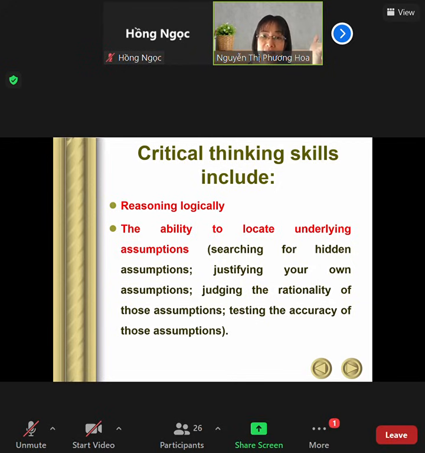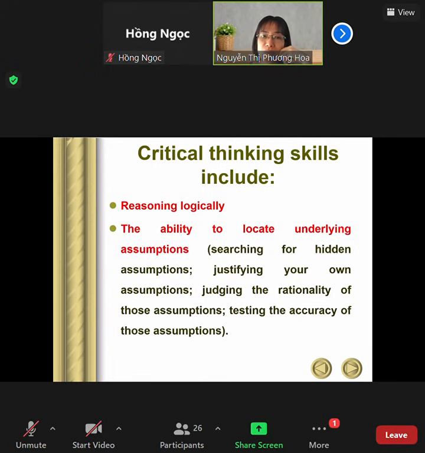What are the hidden assumptions there? And then you have to develop your own assumptions as well, your own views. And you have to evaluate your views as well, whether you are right, whether you already have very comprehensive views. So, justifying your own assumptions.